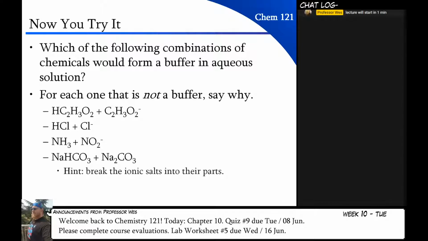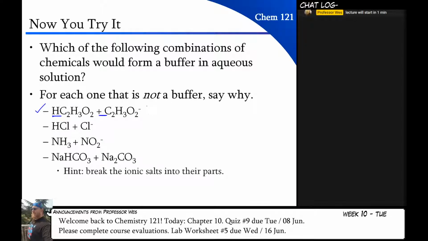All right, so let's look at this first one. If they differ by just H plus, then they're conjugates, and if one of them's the weak acid, the other one will be a weak base, and that will fulfill the qualifications of a buffer. So these two differ only by H plus, and acetic acid is a weak acid, so this will make a buffer.